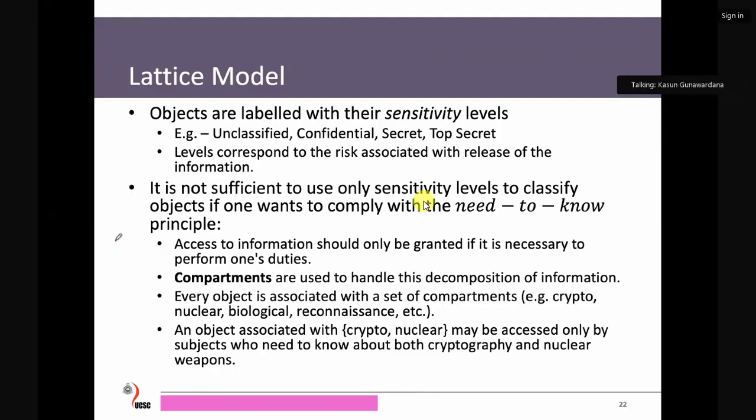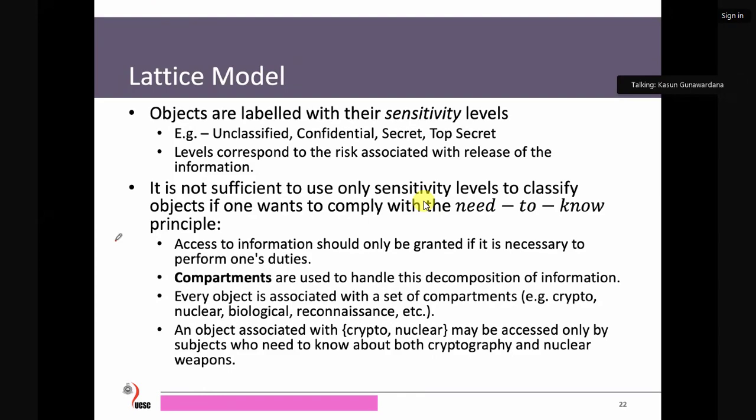It is not sufficient to use only sensitivity levels to classify objects if one wants to comply with the need-to-know principle. So when we want to bring this need-to-know principle into our MAC framework, these levels of sensitivity are not enough.